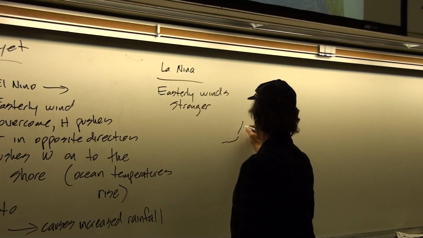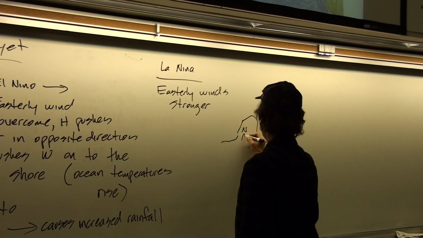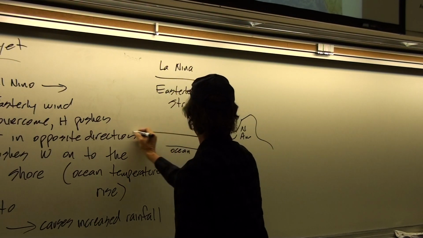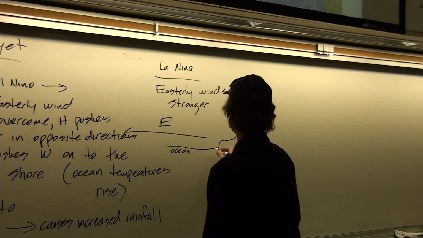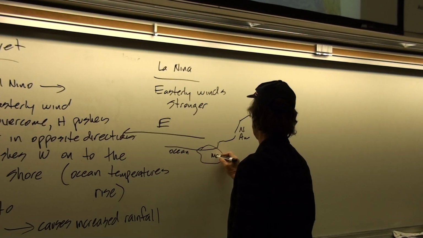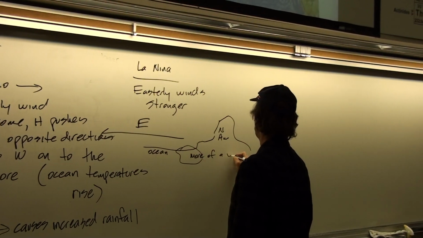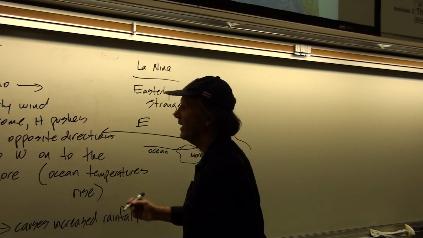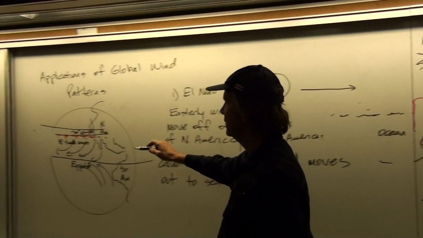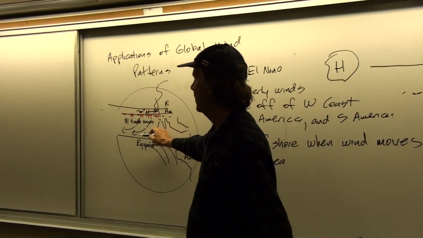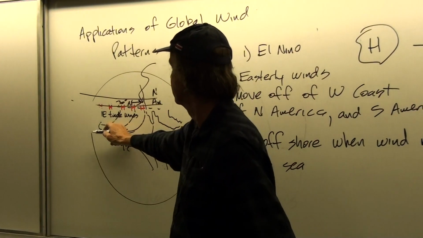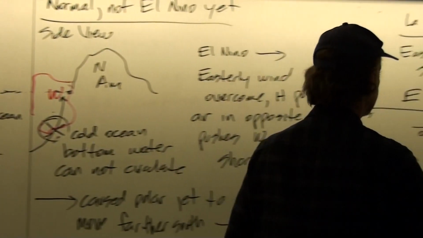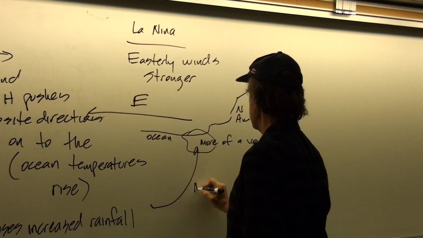And so if we look at that same picture of North America, and then here's the ocean, we would have a stronger easterly breeze. This would create more of a void here as that warm water is moved out along the intertropical convergence zone, moving this way even more forcefully. That draws up more cold water.